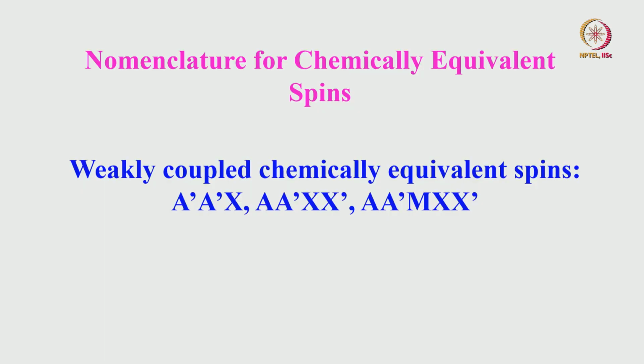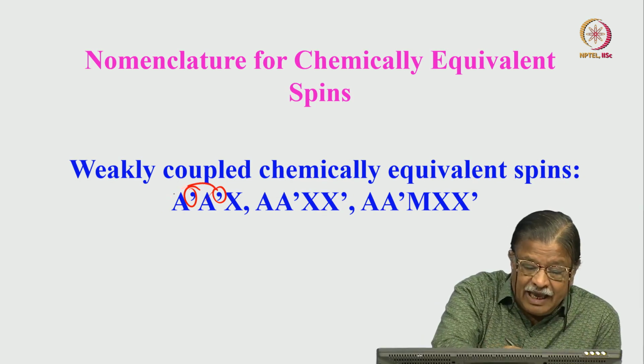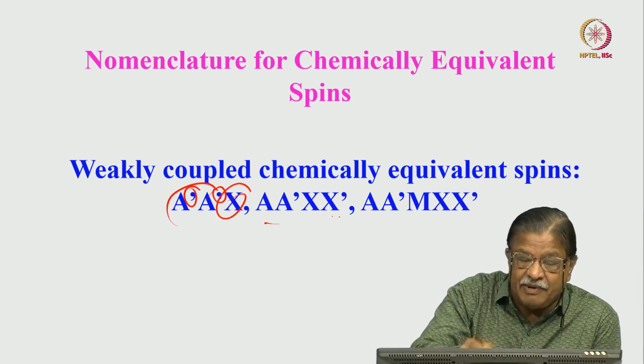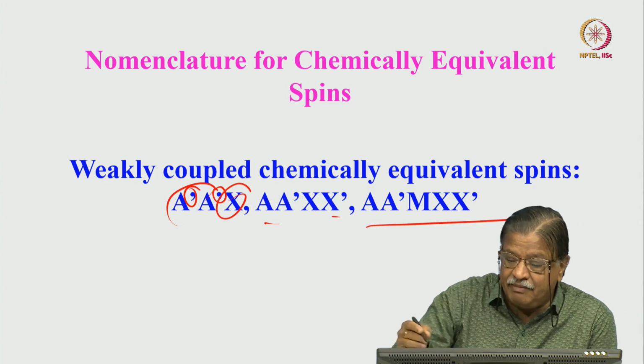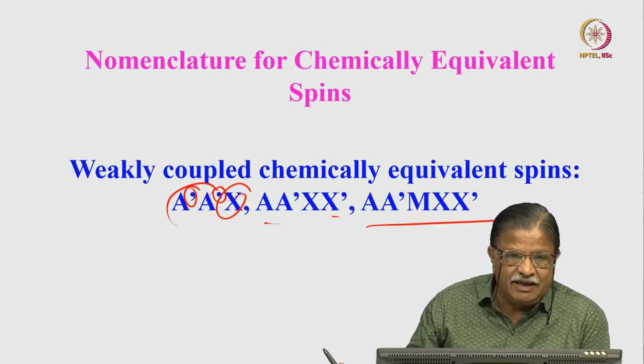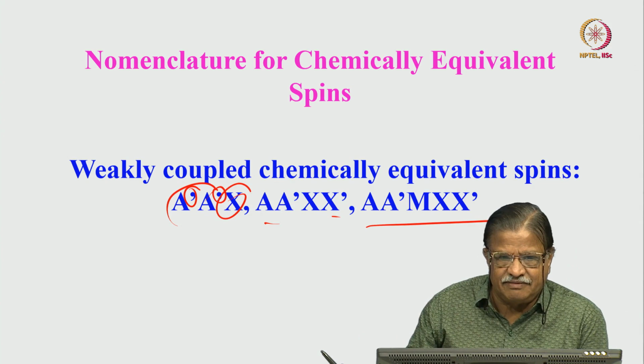For example, the nomenclature for the weakly coupled spins is given like this. If I have weakly coupled spins, a prime notation is always used for chemically equivalent spins. Again in the weakly coupled case, A prime X is given, A prime X X prime is given, A prime M M prime X X prime like that. What is the nomenclature for this?